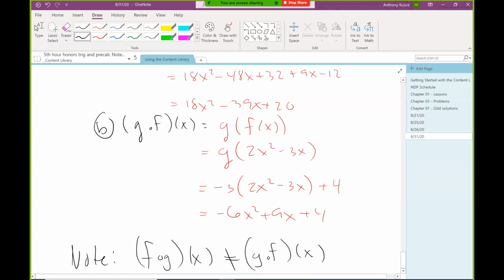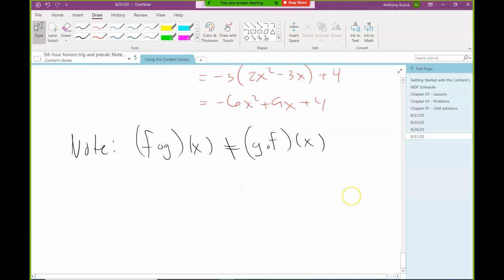So important to note that in general, the composition of two functions is not commutative. If you do f compose g and then you do g compose f, you typically do not get the exact same answer. You had another operation last year in your Algebra 3-4 class that also was not commutative.